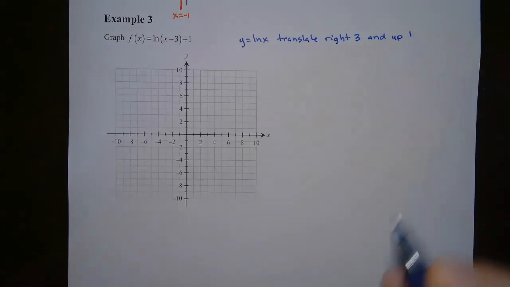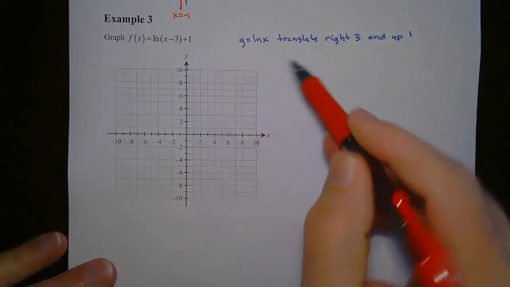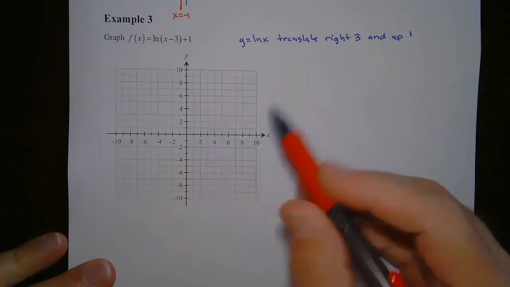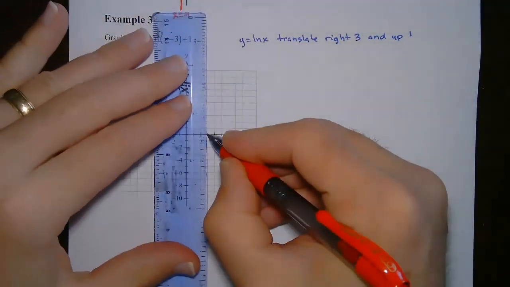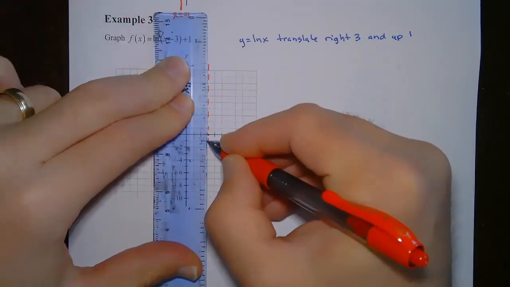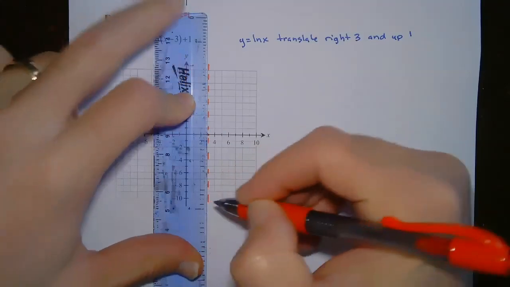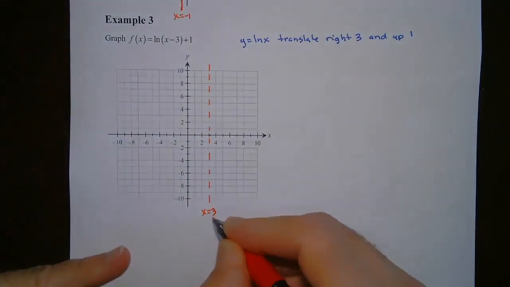Now again, where's the vertical asymptote on the parent function? It's always the y-axis. Well, now that's been moved to the right 3. So we're going to have a vertical asymptote right here at x equals 3. So we'll use a ruler and draw that vertical asymptote, and that's x equals 3.